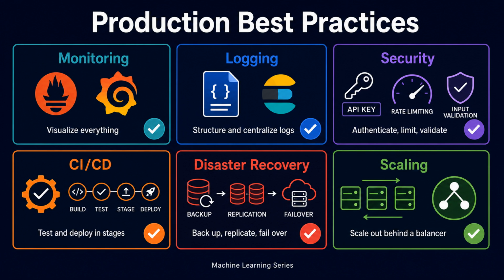For CI/CD, automate testing including RAG quality metrics and use staged deployment with rollback capability. For disaster recovery, maintain regular backups, database replication, and documented failover procedures. For scaling, design for horizontal scaling from day one with load balancing across instances.